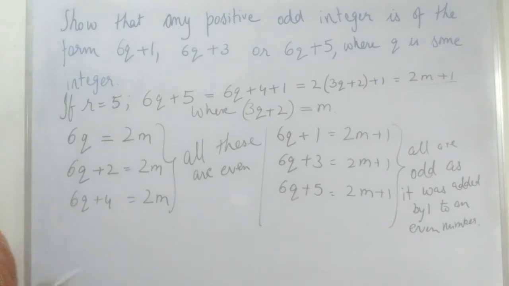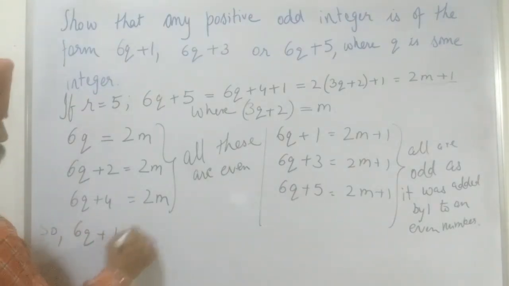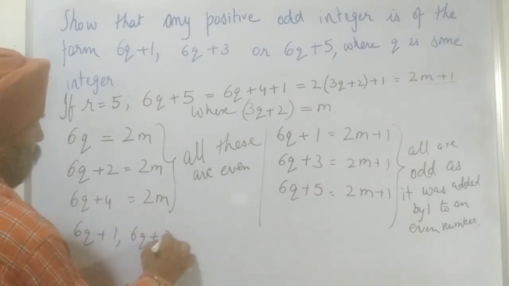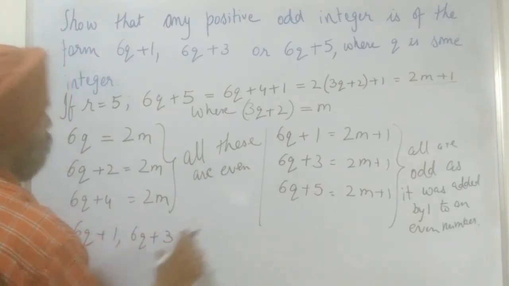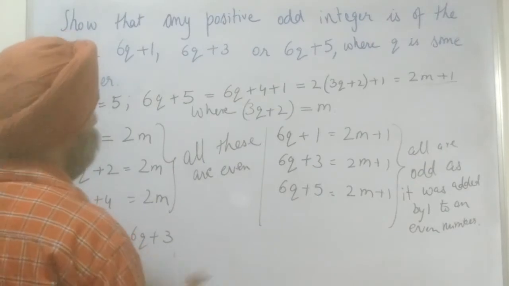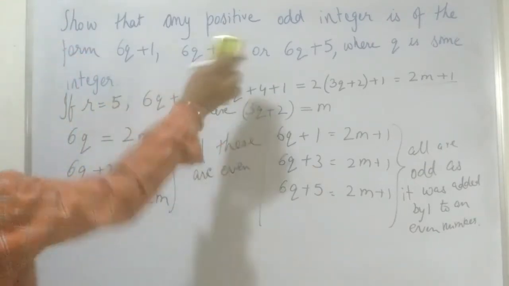So at the end we can say that, 6q plus 1, 6q plus 3. Okay, sorry, we need to write a conclusion only.